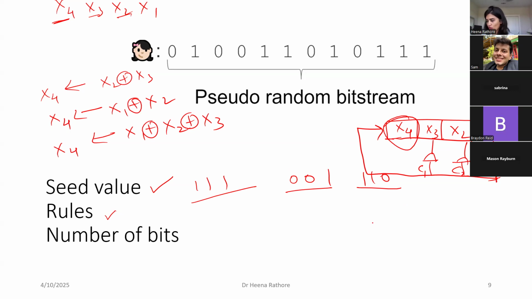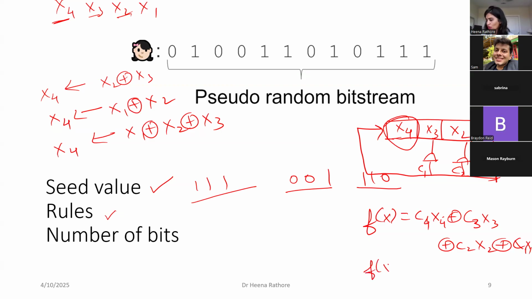So generally, the polynomial function which you will write would be C4 X4 XOR C3 X3 XOR C2 X2 XOR C1 X1.